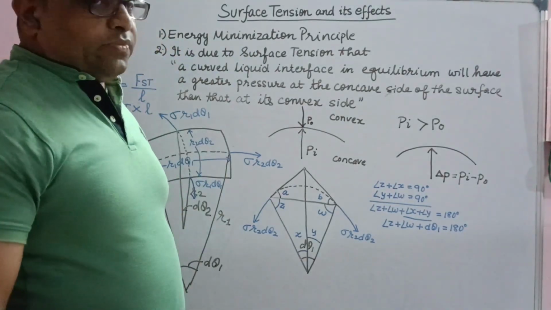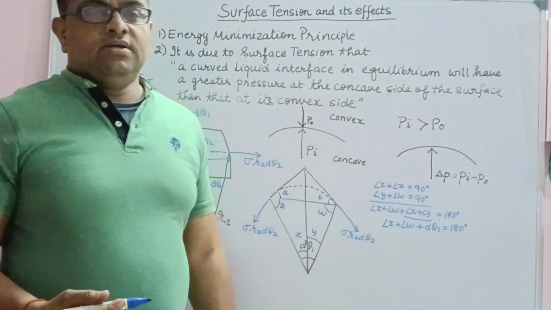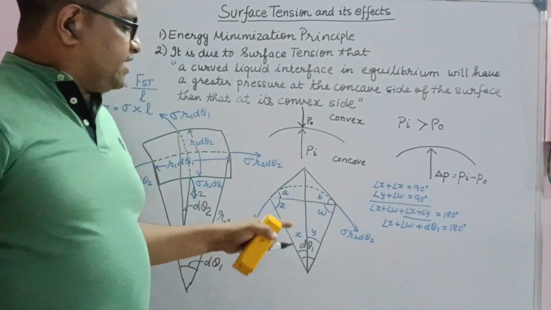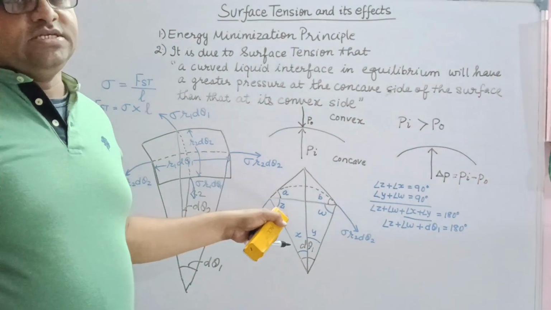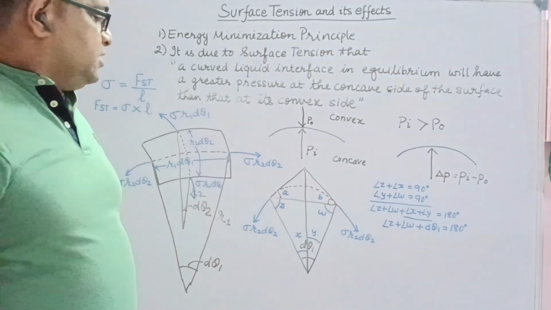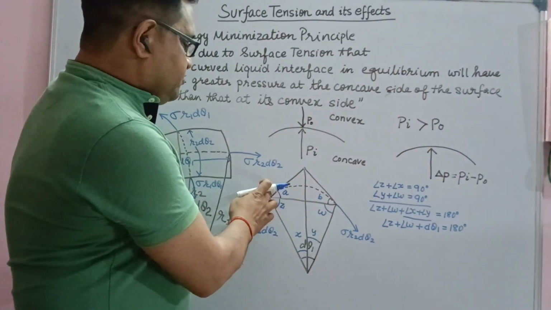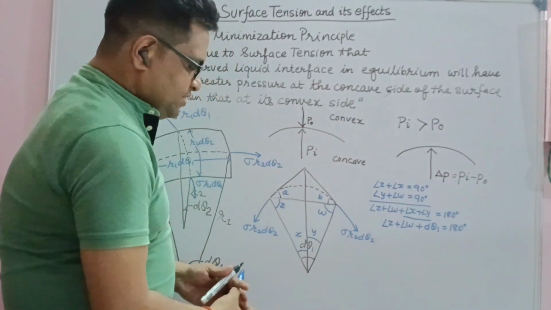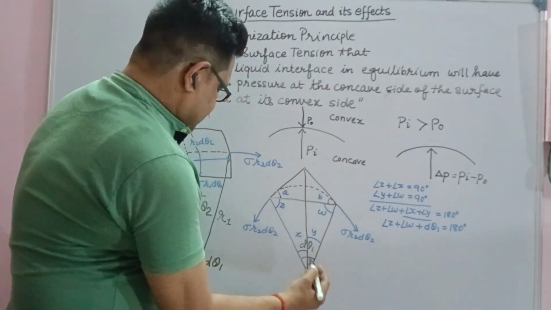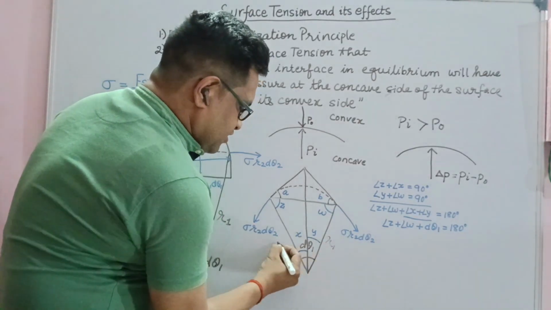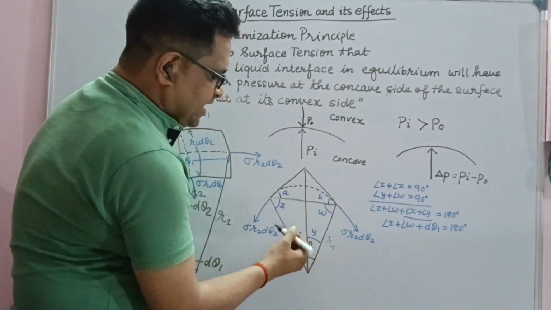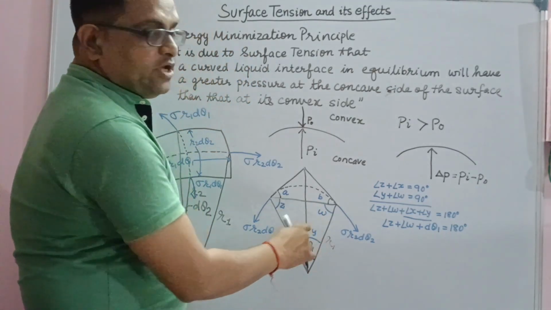Now also we have this angle. How to calculate the angle A? We have angle A plus Z equal to 90 degree. Now here in this triangle, both sides are radius R1 and R1, so this triangle becomes an isosceles triangle, making the angle Z and W equal.